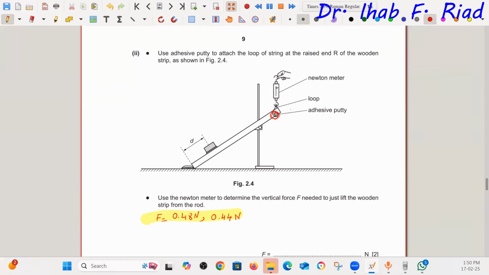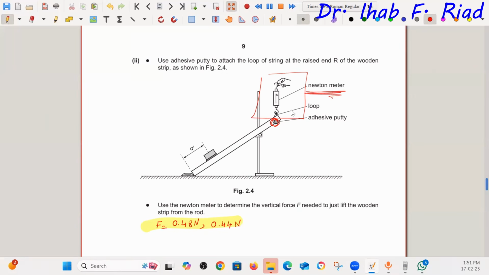So do you know what is a Newton meter? Yes. Okay, we use it to measure forces. That is why it is called a Newton meter. So what is he telling us?